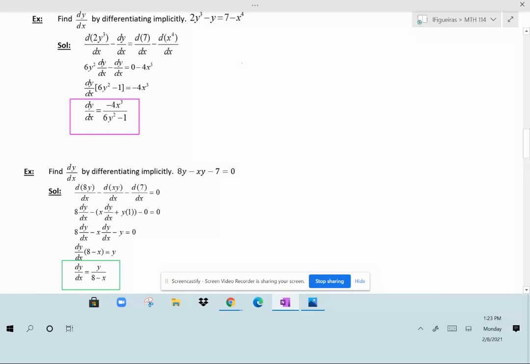Okay, here's another one. This is implicitly defined, so we're going to apply implicit differentiation. You take the derivative of both sides of the equation. So the derivative of 8y is just 8 times dy/dx.